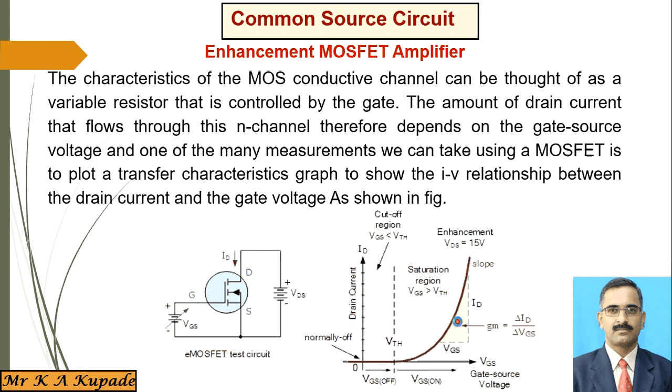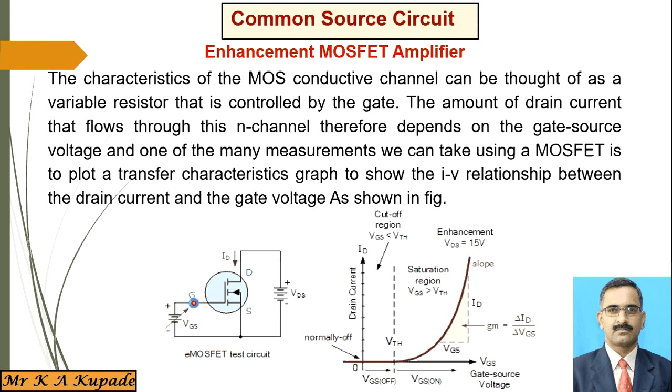How the transconductance can be obtained from this slope, we are going to discuss here. In these characteristics, the MOS conductive channel acts as a variable resistor due to the control of the gate voltage, the variable gate voltage which we are applying here.